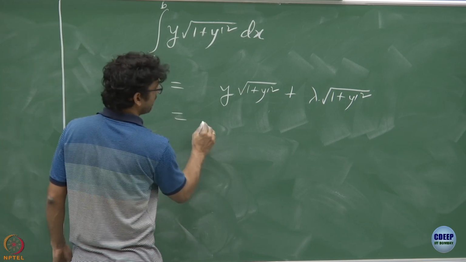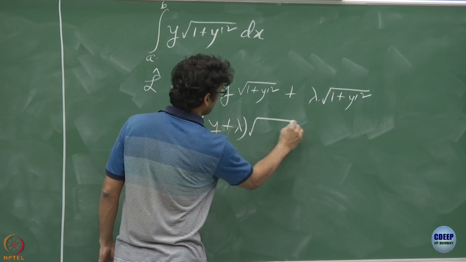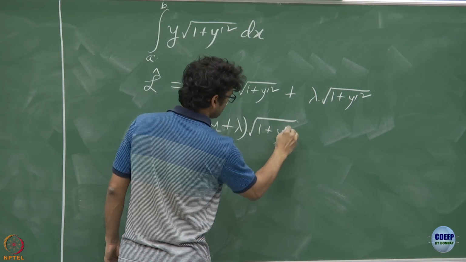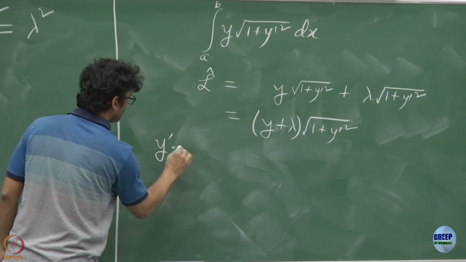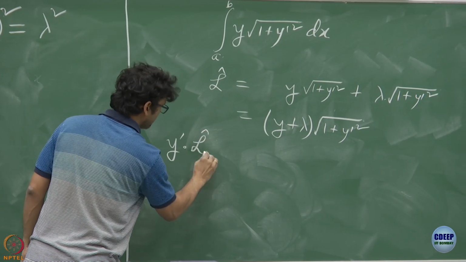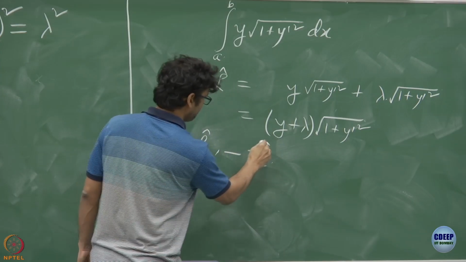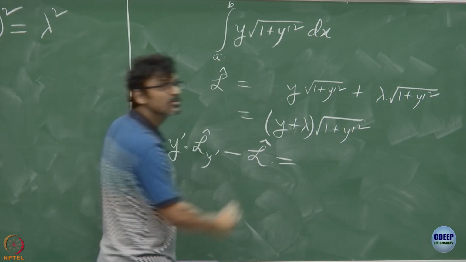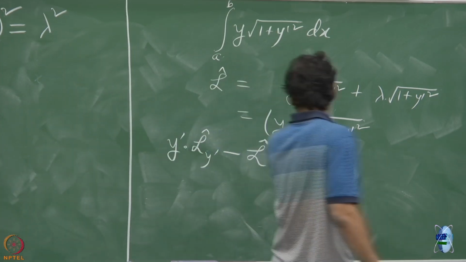So this is actually (y plus lambda) times square root of 1 plus y prime squared. So let's see what is y prime dot partial of L hat with respect to y prime, minus L hat. What is this?